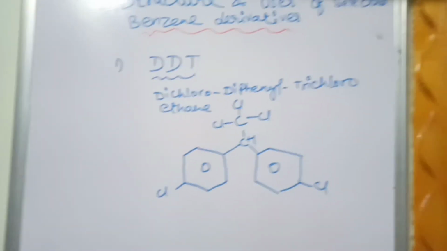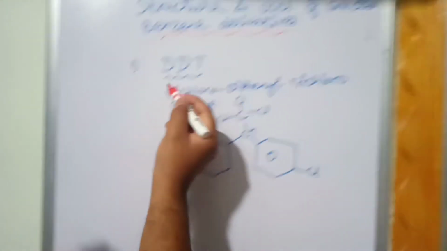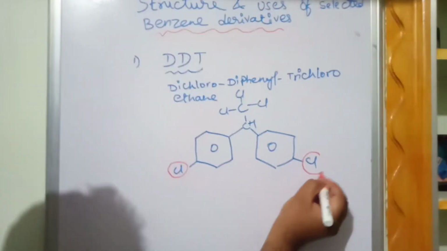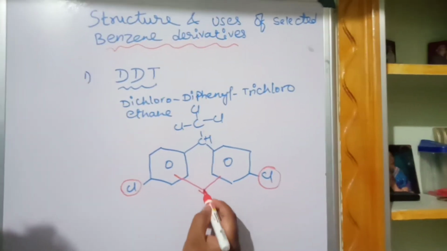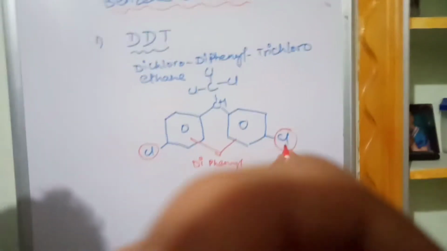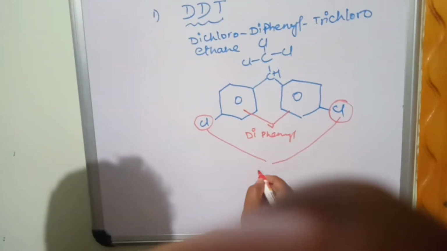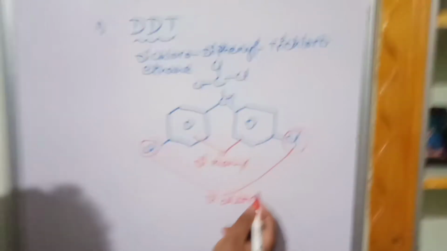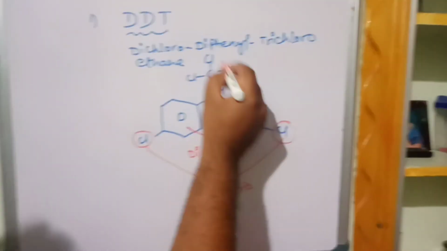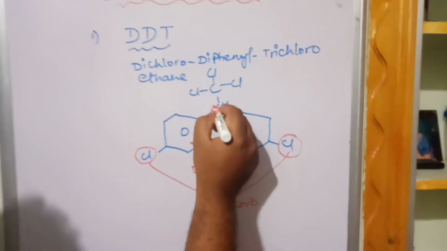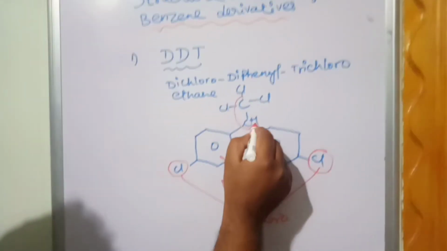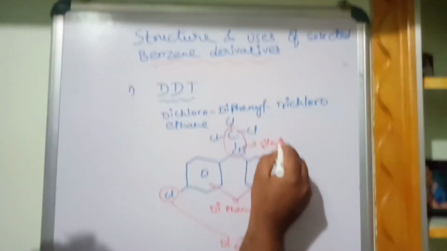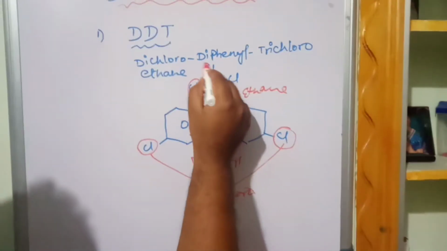DDT is very simple. You have to remember it by the name itself. Dichloro means 2 chlorines, and diphenyl means 2 phenyl groups. Trichloro means three chlorines. Ethane means 2 carbons, 1, 2, and those three chlorines, 1, 2, 3, are on one carbon.